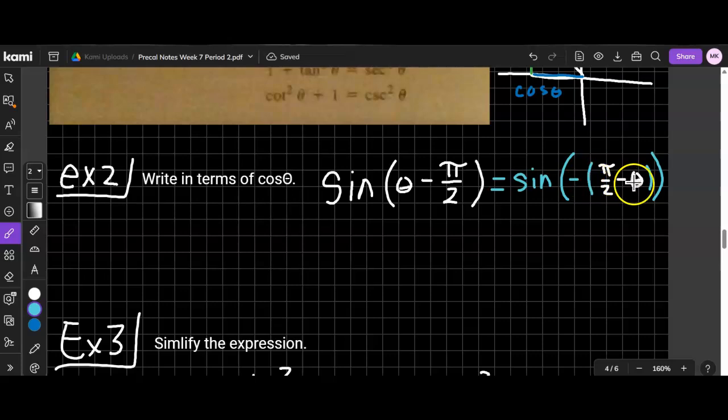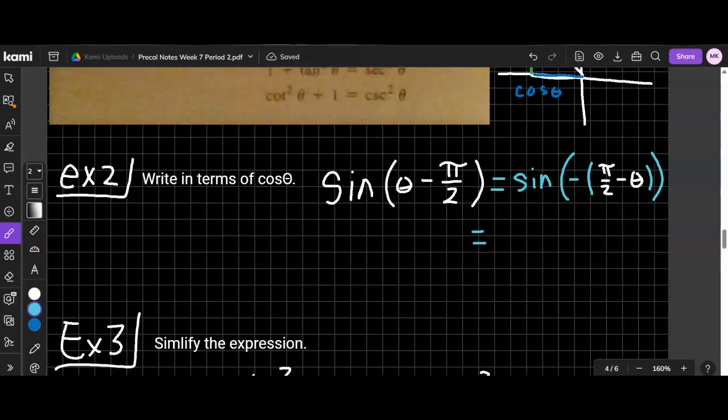But in order for us to really pull that off, we have this pesky negative that we introduced so that we could have it match our co-function identity. But that's where our even and odd identities come in. We know that the negative on an angle for sine is the same thing as writing the negative on the outside.